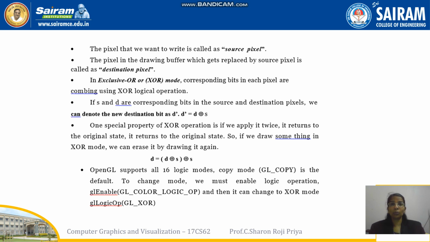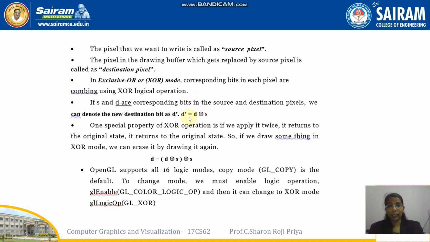Next is XOR mode. In XOR mode, I can draw erasable drawings. That is the XOR operation: if I perform it twice, it will come back to the original. Assume D is the destination pixel and S is the source pixel, and if I take the XOR operation of both, I'll get D dash.